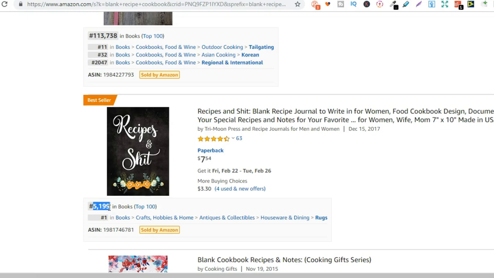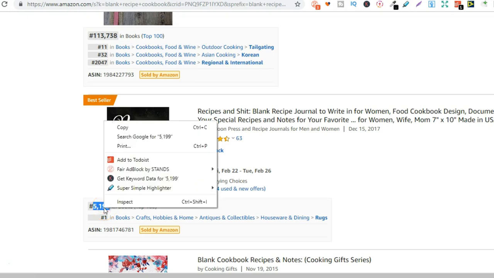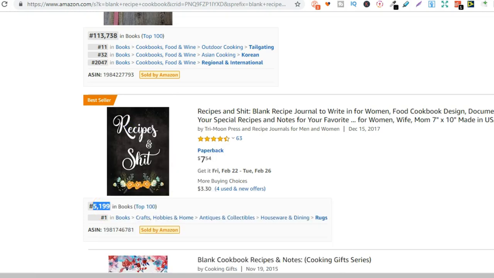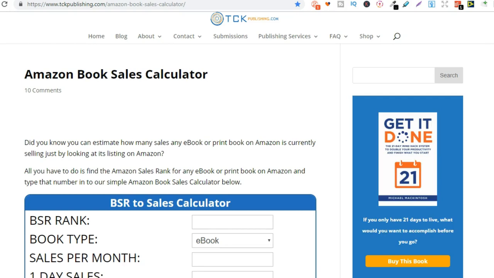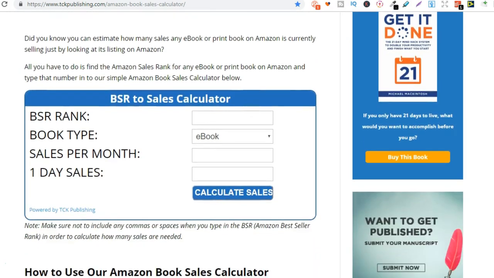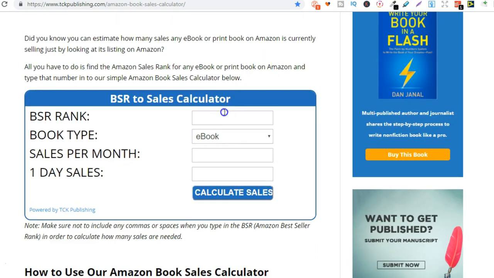Now, if you want to get a gauge on how many units of a book are being sold, you can use a BSR calculator. So let's copy this for a second and go over to this BSR calculator. You can find these by simply searching in Google for BSR calculator. I found this one to be the most accurate, so let's put that in there.